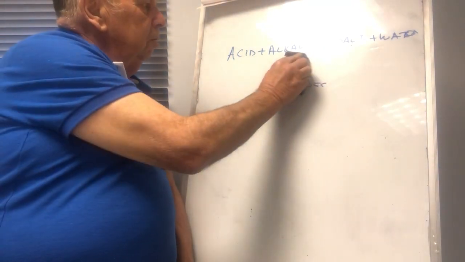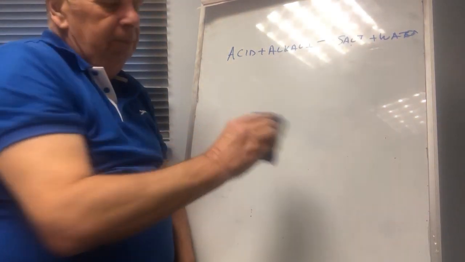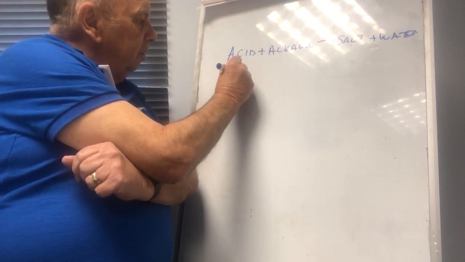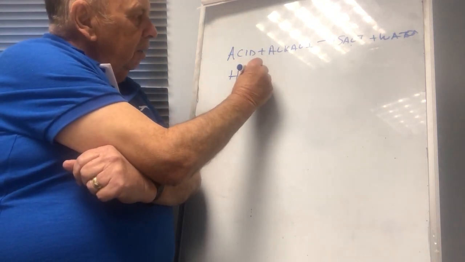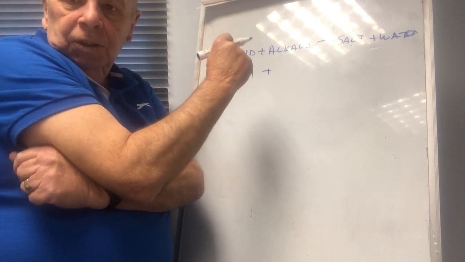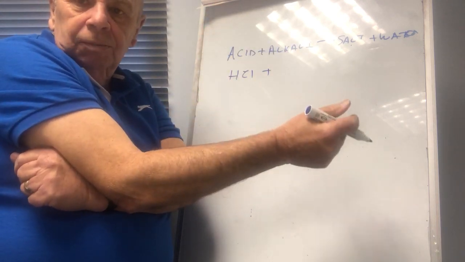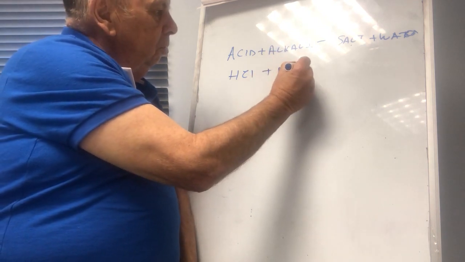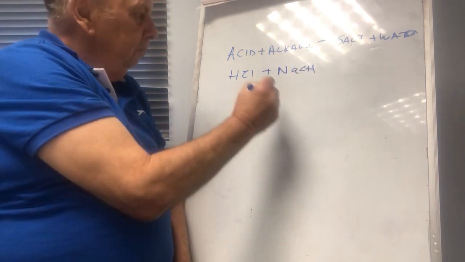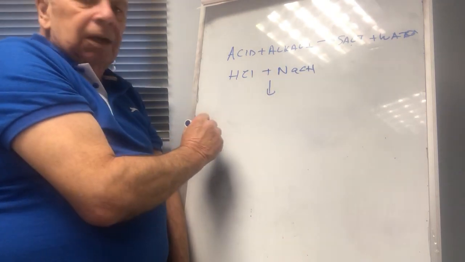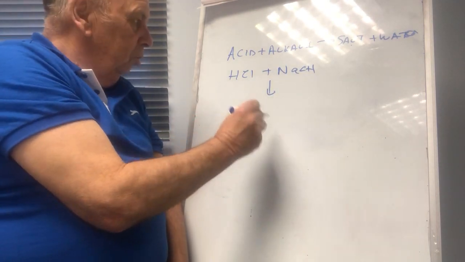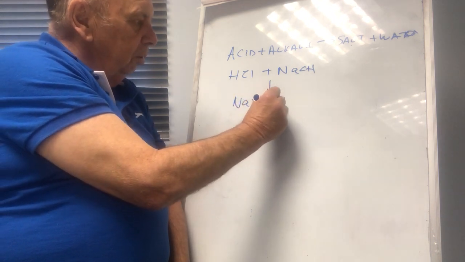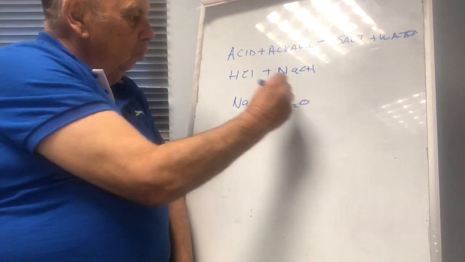Let's look at an actual example now. Suppose I took hydrochloric acid, HCl, plus an alkali, sodium hydroxide, a metal hydroxide. That gives you a salt plus water. That gives you sodium chloride plus water.